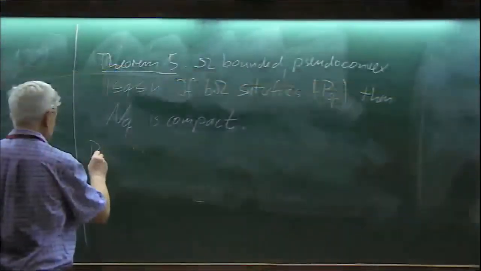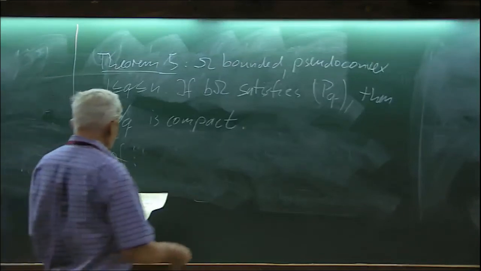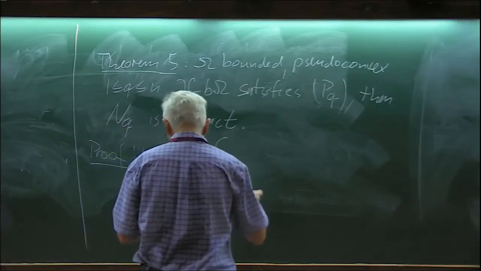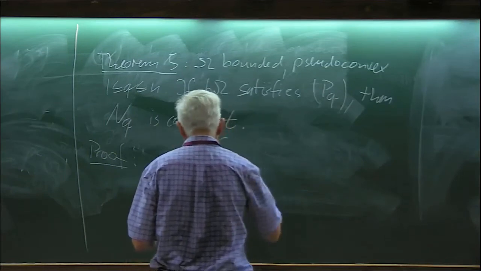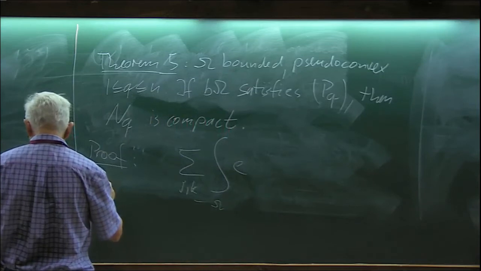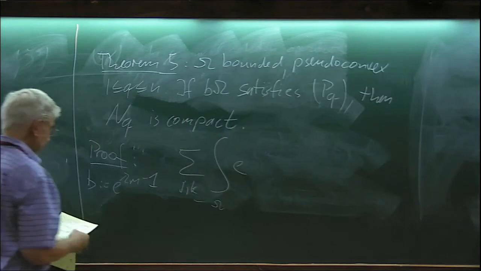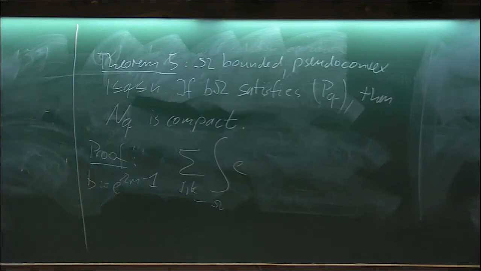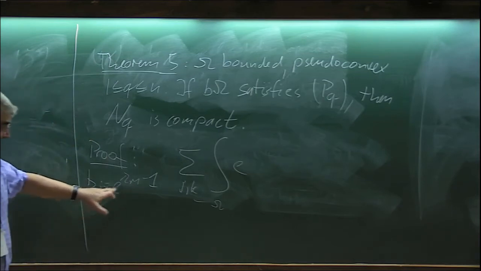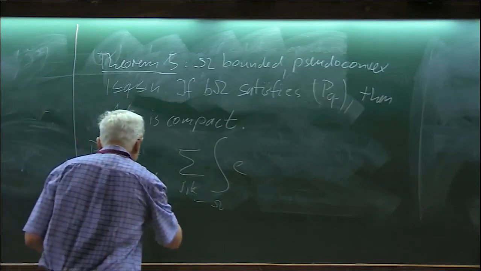So I'm just going to give the slightest of indications of the proof. Remember, we have this formula, summation jk, integral over omega. Well, I take my function b to be e to the lambda m minus 1, so it is at most e minus 1. Oh, it's not an exponent, I'm sorry, it's minus 1.